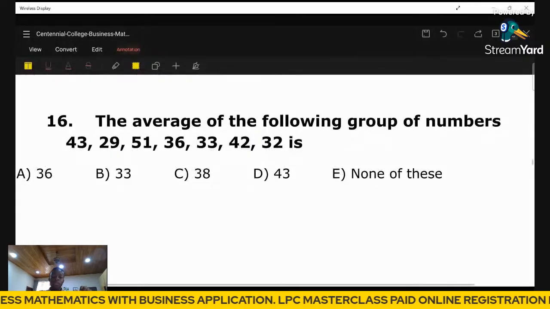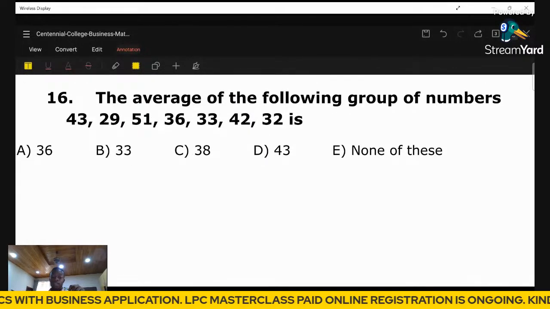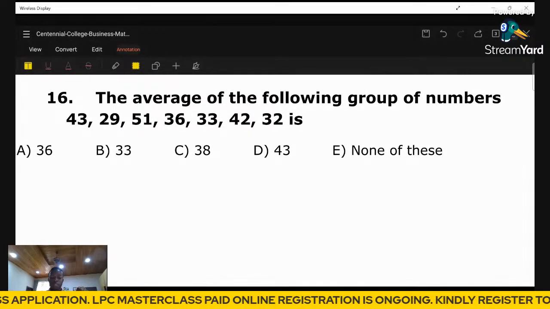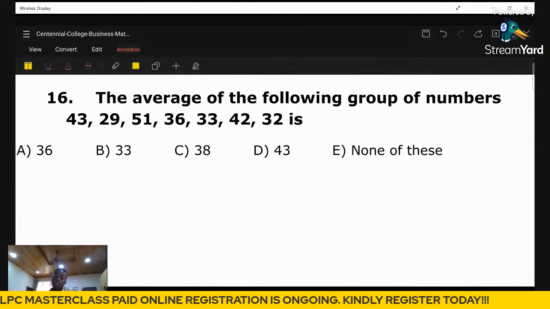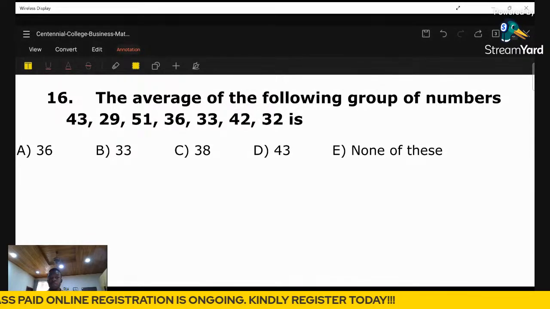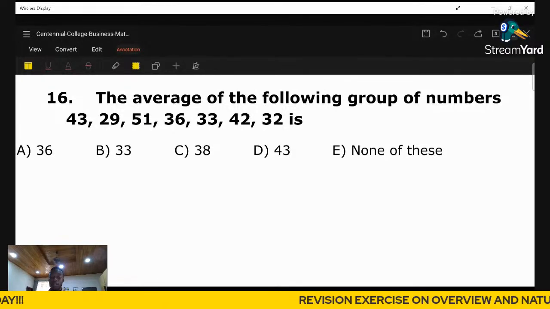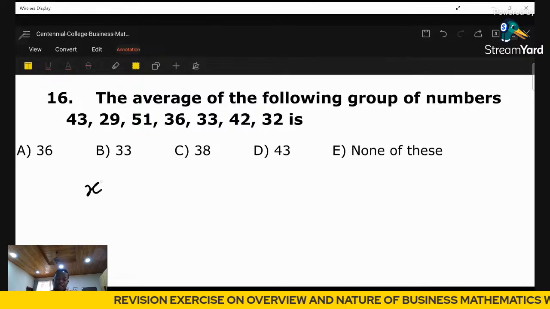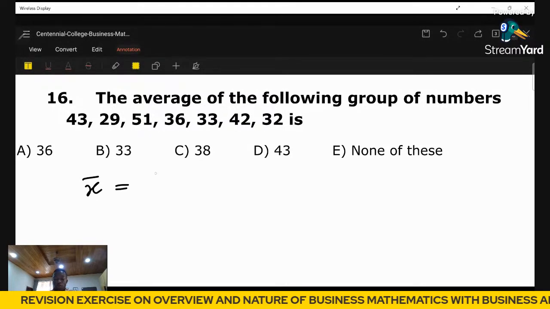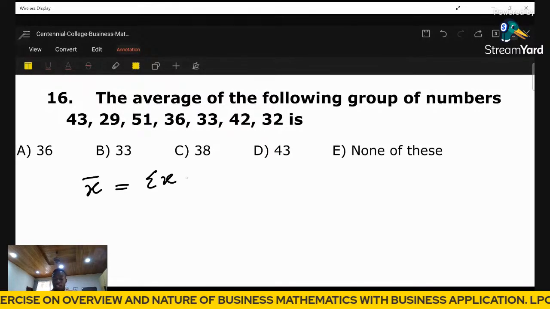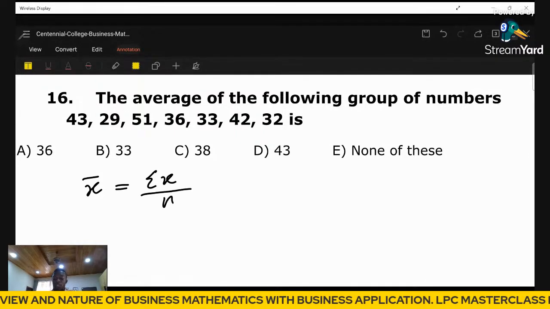All right. 16. The average of the following group of numbers, we have 43, 29, 51, 36, 33, 42, and 32 is. So they are asking us to find the average of the following numbers. And how do you find the average? To find the average, we say the mean, that is x bar, should be equal to the summation of the numbers involved divided by the total number.